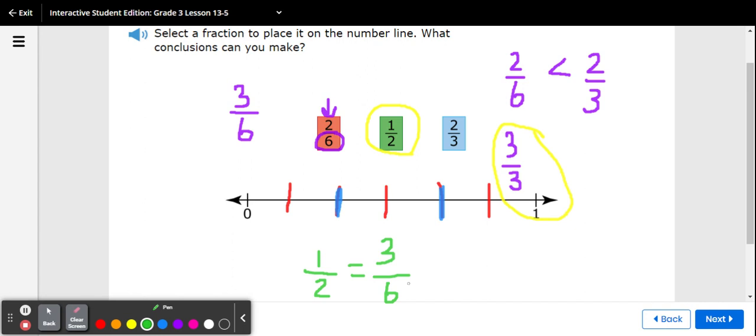We saw pictures, we saw fraction strips, we saw number lines, and now we can just think about it by looking at our benchmarks and of course using our numerators and denominators, about what those numbers in those parts stand for, to help us figure out which fraction is going to be the greater fraction, or depending on how they ask it, which would be the least fraction.